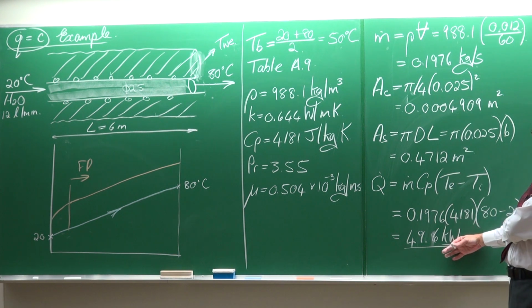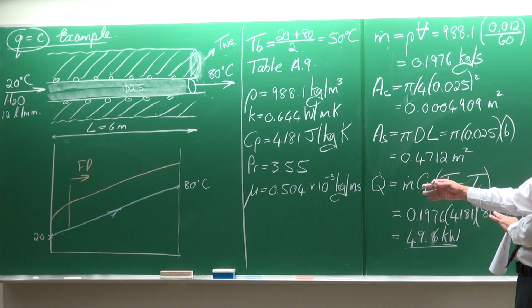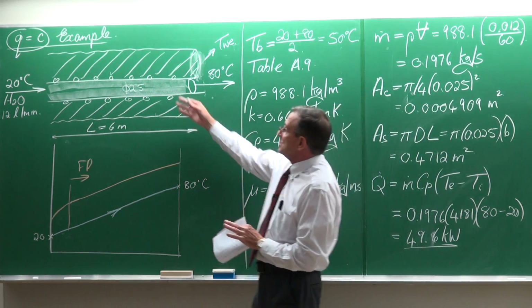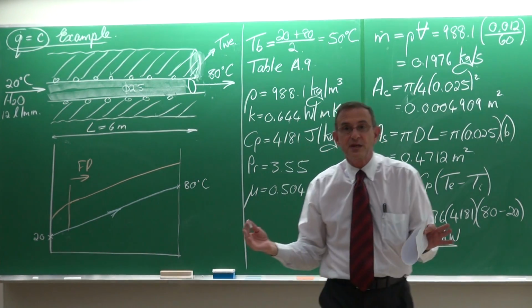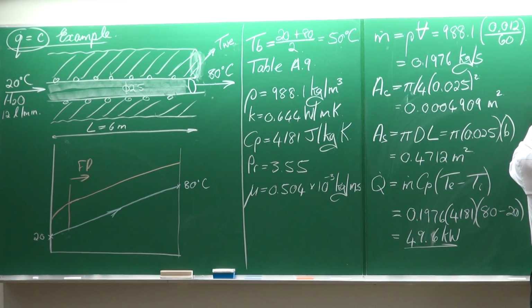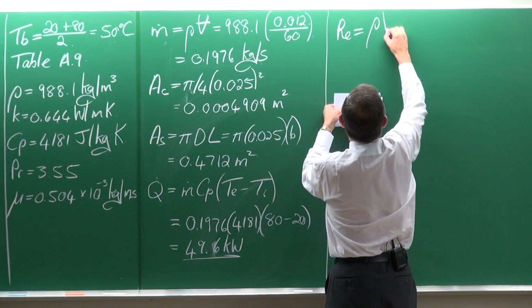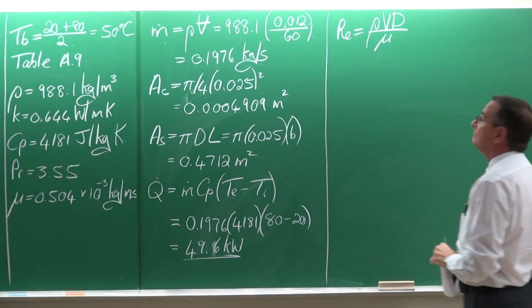Okay, now we've got the heat transfer rate. Again, if you've done many of these problems, you will know that one of the most important things to determine is to know if the flow is laminar or turbulent. And for that, we need the Reynolds number. So the Reynolds number, usually in terms of equations, is equal to rho Vd divided by the viscosity.